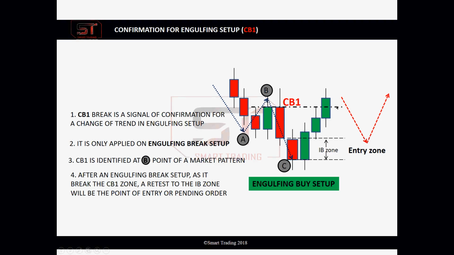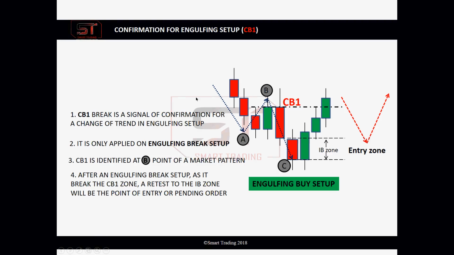So as soon as there is a candle that managed to break this resistance, which we pretty much call the CB1, this is a confirmation that the market is going to go up. Okay, so when the market goes back down to the IB zone, this is what we call the engulfing break retest. So this is the point at which we enter the market for buy.